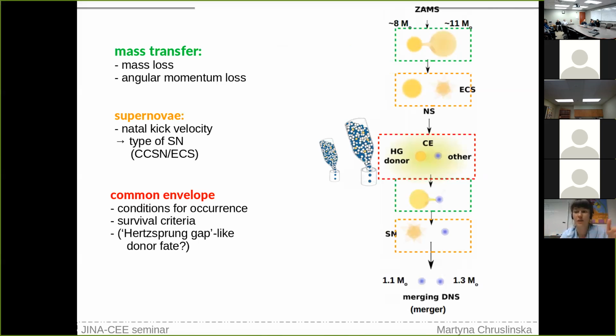So the envelope, at least in some cases, has to be ejected. And this can happen at the expense of the orbital energy, and probably with the help of some other energy sources. But we don't really know what are the exact conditions for the occurrence of common envelope, nor for its ejection. And there is also a distinguished controversial case where the donor star does not have a well-defined boundary between the core and the envelope.